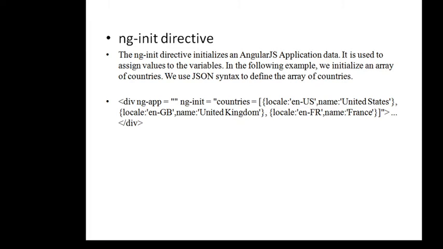We use JSON syntax to define the array of countries, JavaScript Object Notation. Now div ng-app is equal to, ng-init is equal to countries, locale, name United States, locale GB, name is United Kingdom. That is the United States, United Kingdom and France. These are the names of the countries.